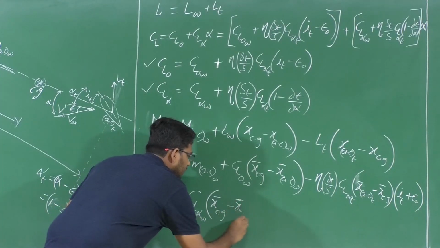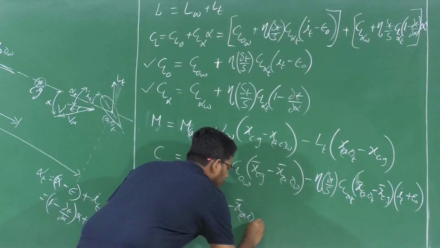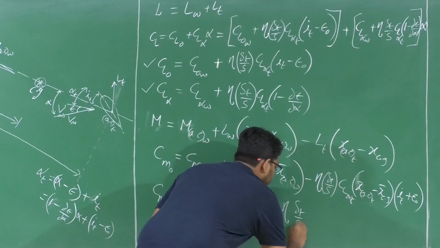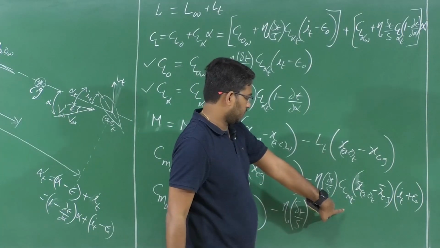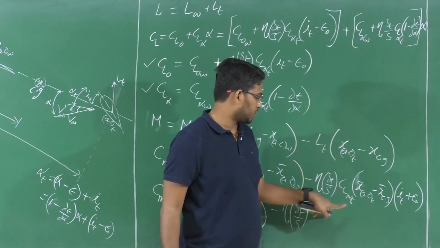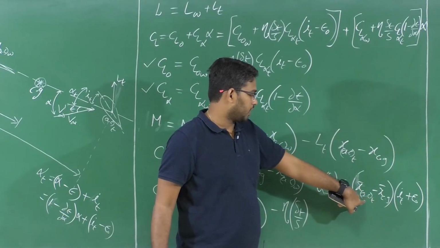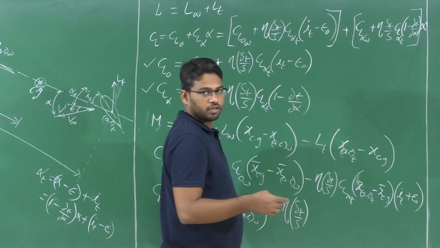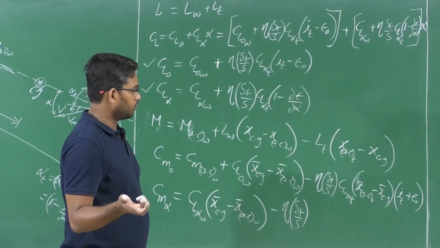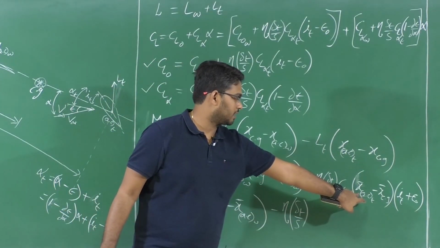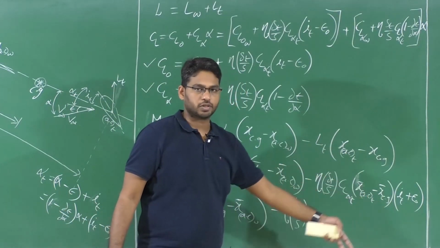AC of wing minus eta st upon s, which in general this product st upon s times x bar AC minus x bar CG is known as tail volume ratio, where x bar AC minus x bar CG is called LT bar, length of the tail in non-dimensional form, or L of t, which is xAC of t minus xCg in dimensional form.